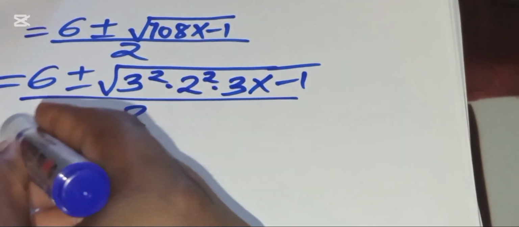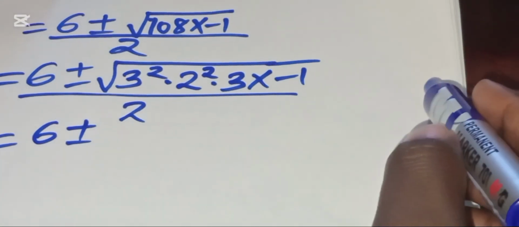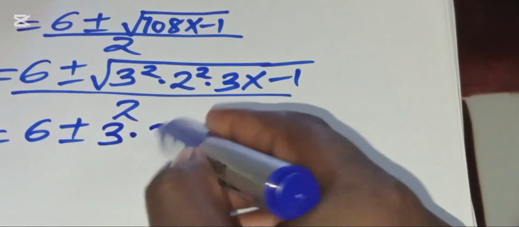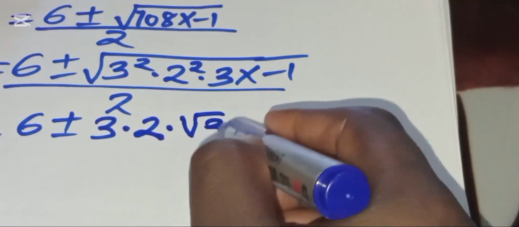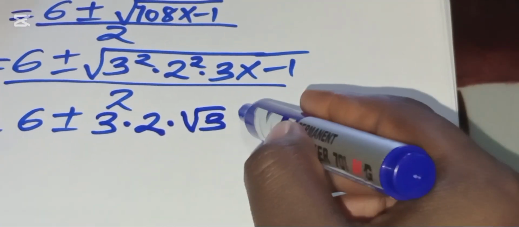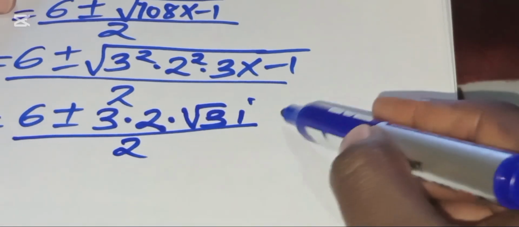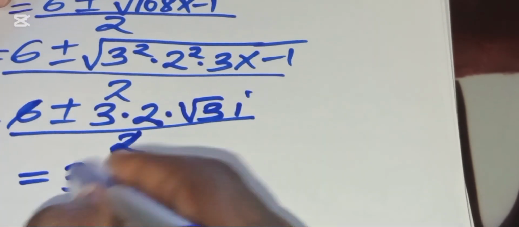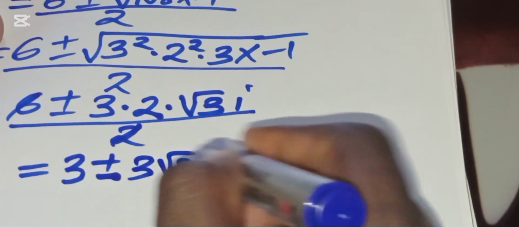Now this is the same thing as 6 plus or minus, now 3 squared is the same as 9, so the square root of 3 squared is 3, times the square root of 2 squared, this is 2, multiplied by the square root of 3. Now the square root of negative 1 is i, all of this divided by 2. Now let's simplify. This is the same thing as 3 plus or minus 3 square root of 3 i.